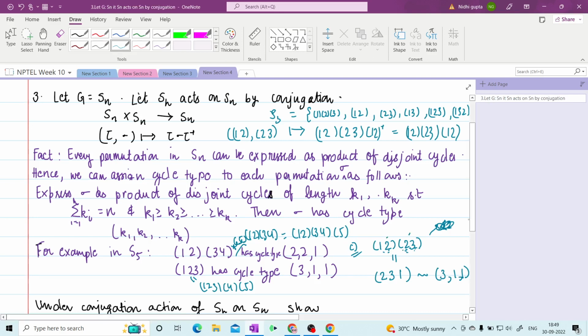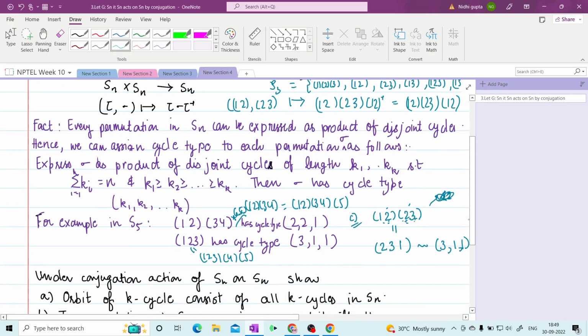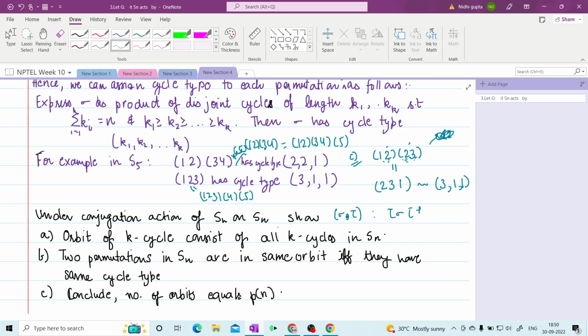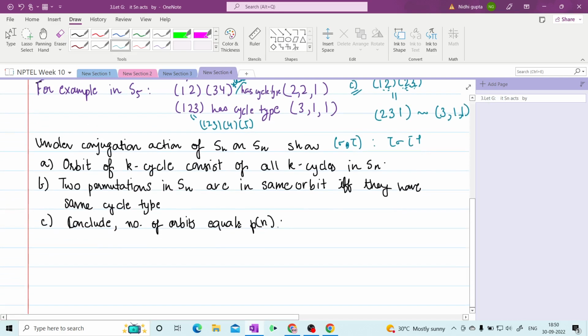So now once we know what the cycle type is, the question is, under the conjugation action of Sn on Sn, which is the action that we discussed previously, σ·τ is τστ⁻¹. Our first question is that we have to show that the orbit of a k-cycle consists of all k-cycles in Sn.